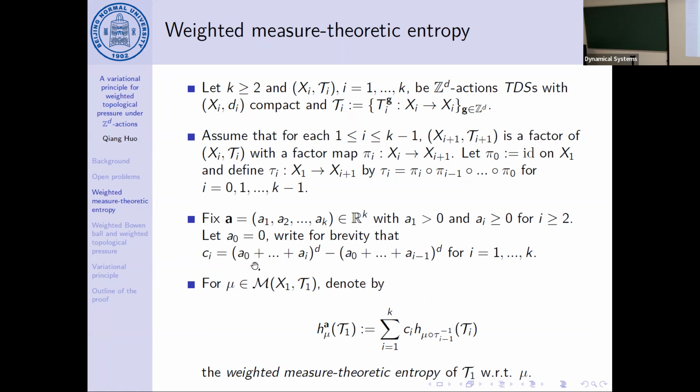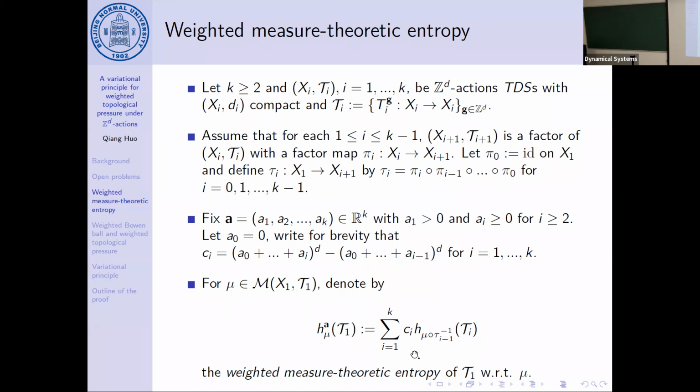Then we will define the weighted measure-theoretic entropy for an invariant measure mu. We denote by h_mu(A, T_1), where A is the first weighted vector and T_1 is the transformations for the first dynamical system, the weighted sum of the measure-theoretic entropy of T_i with respect to this measure.